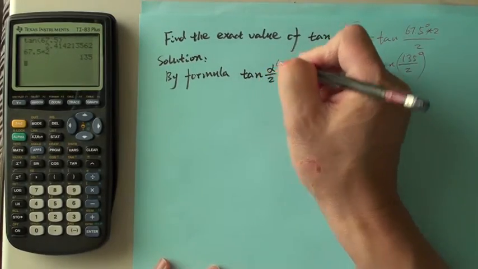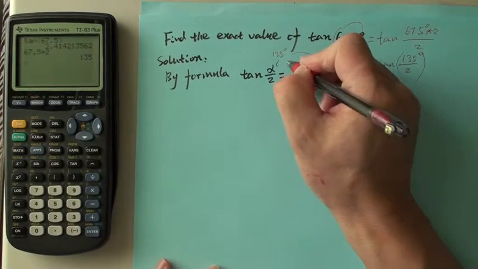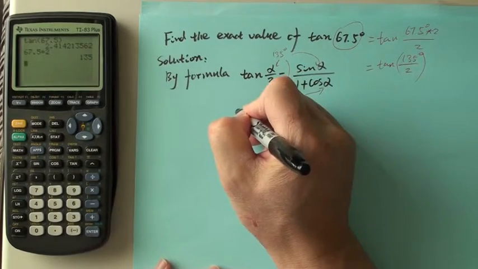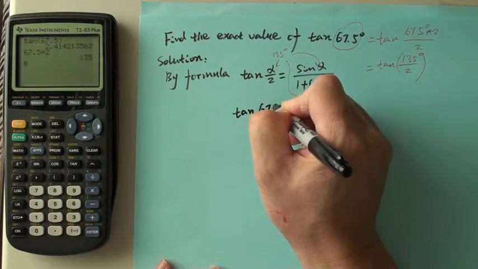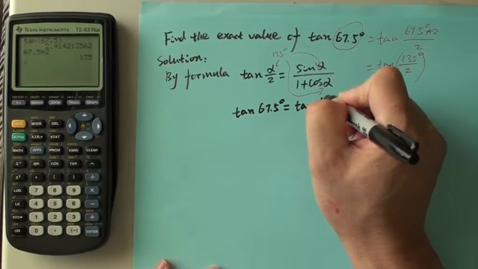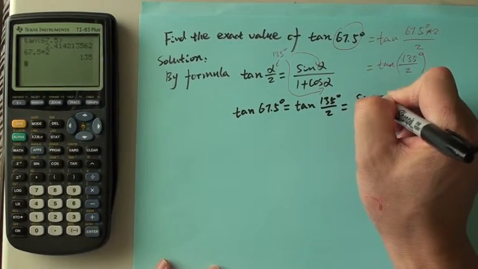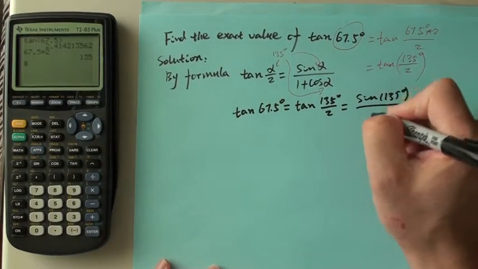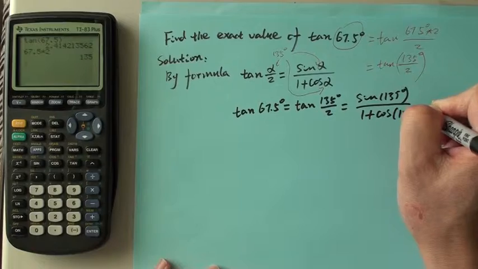So tangent 67.5 degrees, which is tangent of 135 degrees divided by 2, equals sine 135 degrees over 1 plus cosine 135 degrees.